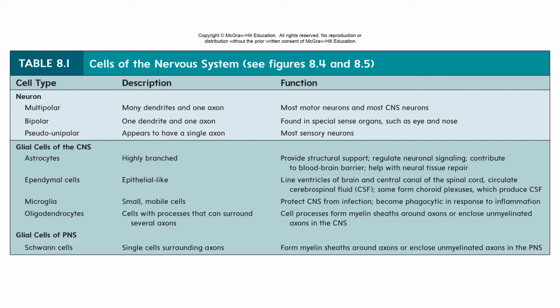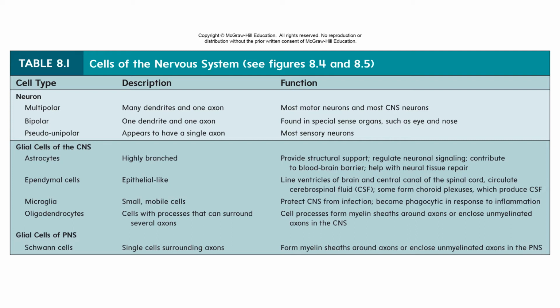So in this type of multipolar cell, they have many dendrites and one axon, and they function for most of the motor neurons and most of the CNS neurons. And then you have the bipolar, which has one dendrite and one axon. It is found in special sense organs such as the eye and the nose. And then you have the pseudo-unipolar, which appears to have a single axon, which is for sensory neurons.